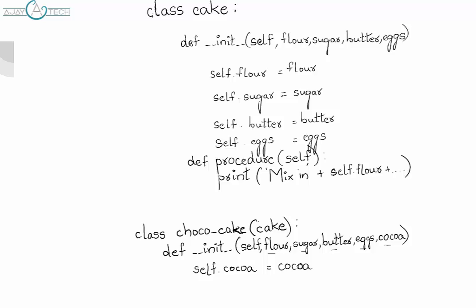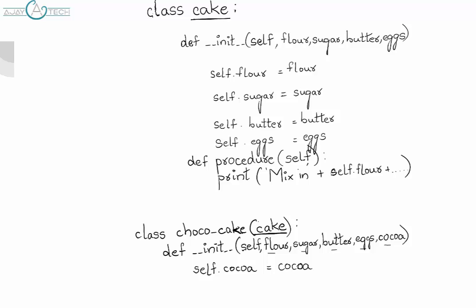But this time I have passed the class that I've defined above, cake, as a parameter to this new class, chocolate cake. And this is how we tell Python that the new class should be inherited or derived from the existing class.